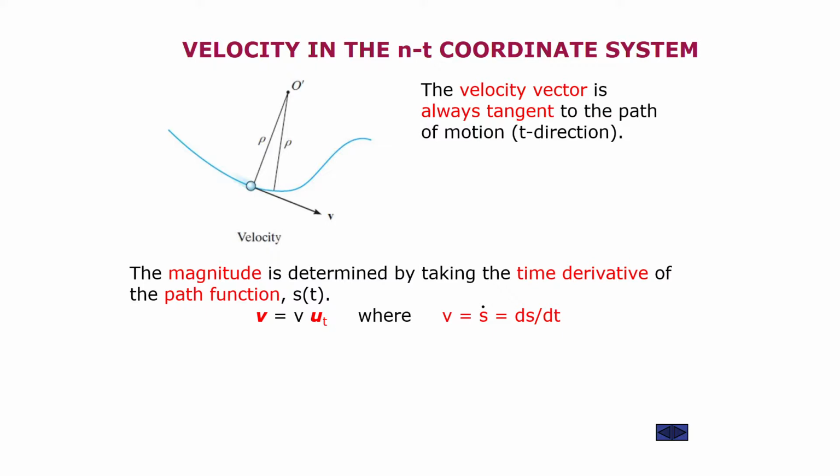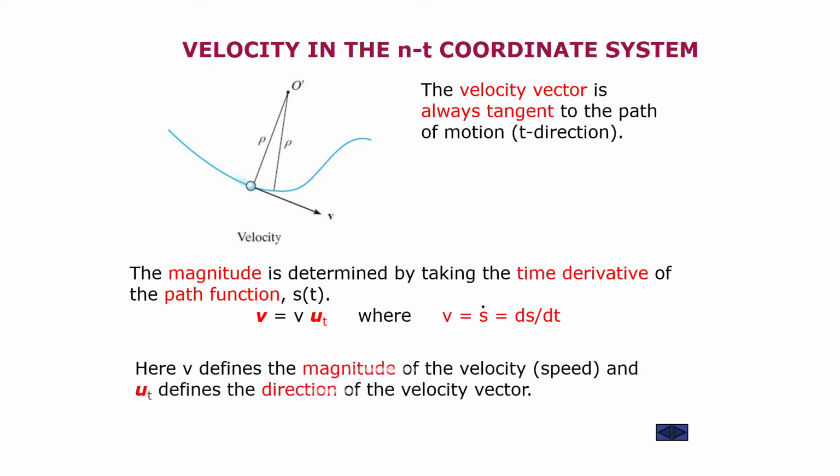So for example, if the question gives us v in terms of s, let's say v is equal to 6s, when you differentiate s with respect to t you get s dot, which will give you 6. Here v is the magnitude of the velocity, which is the speed, and u_t refers to the direction. So you have the magnitude and the direction.